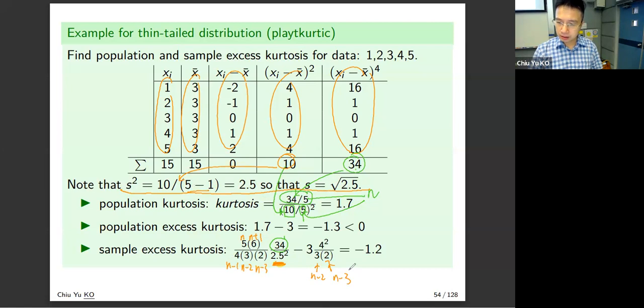And while we are there, let me check. Oh, this is n minus 1, right? So you can see I can't remember the formula. So you don't have to remember the formula anyway. Okay? Is that clear why we have this formula? Everything just comes from the formula. Nothing special there.